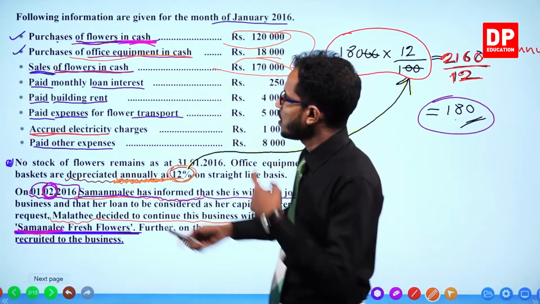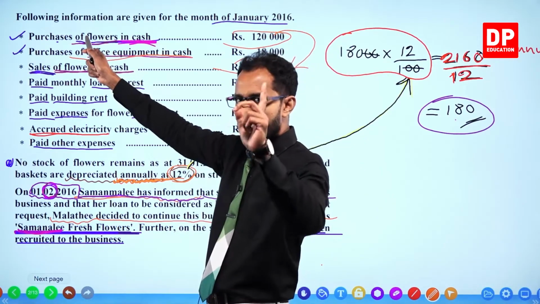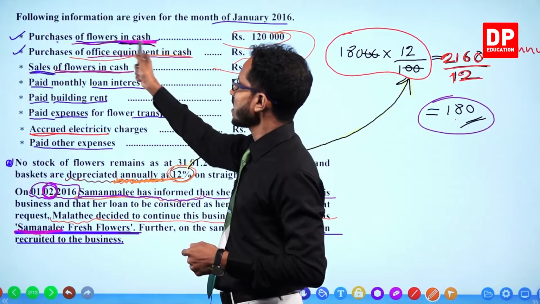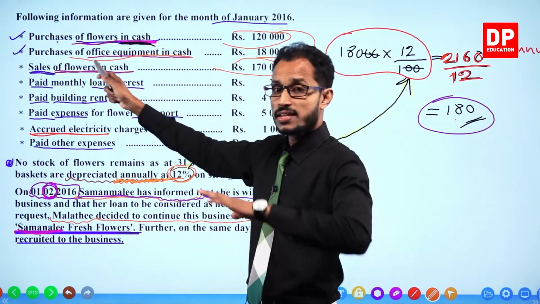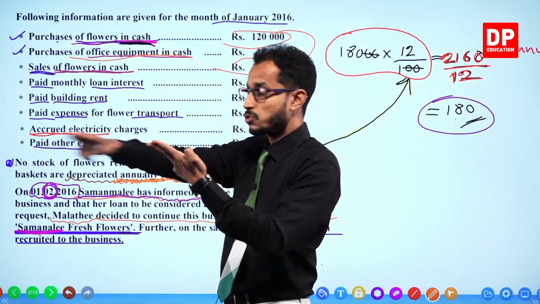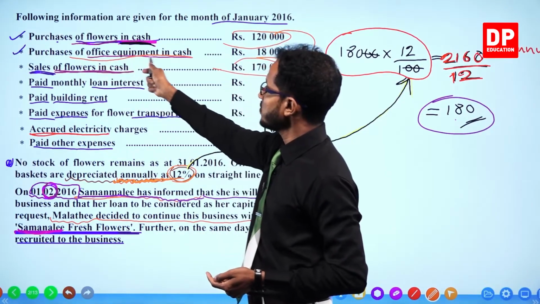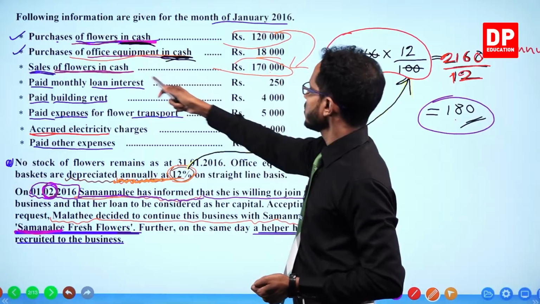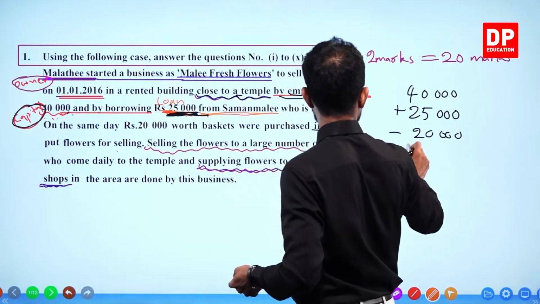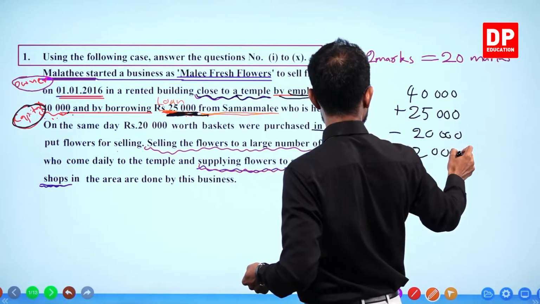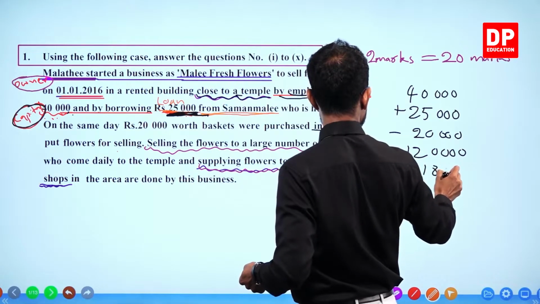Just notice the word cash. Here, purchase for cash 120, that is a cash outgoing, so minus 120. Purchase of office equipment, cash, again 18,000. So minus 120, then minus 18,000.